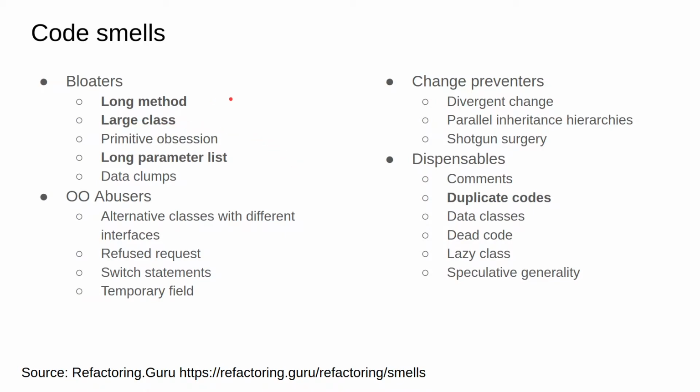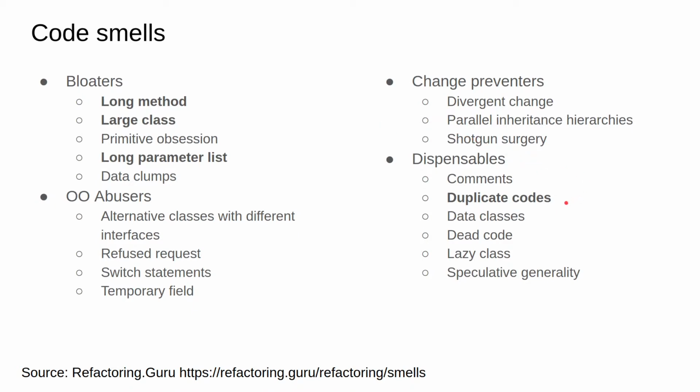When your method gets too long, then you should feel bad about it. You should feel like you should fix it, because long methods are usually difficult to write and fix. It says this method is doing too many things. Another is a large class, or a method with a really long parameter list. You should feel like maybe you should do something about it.